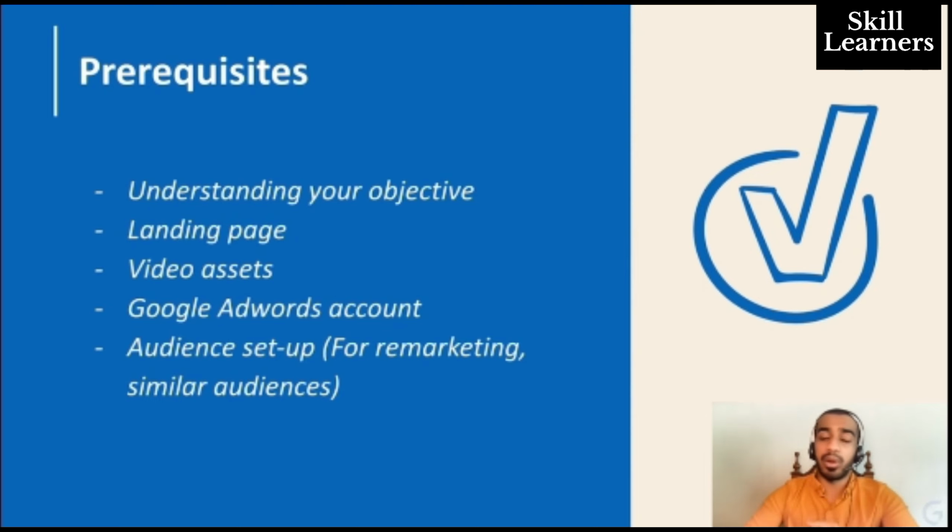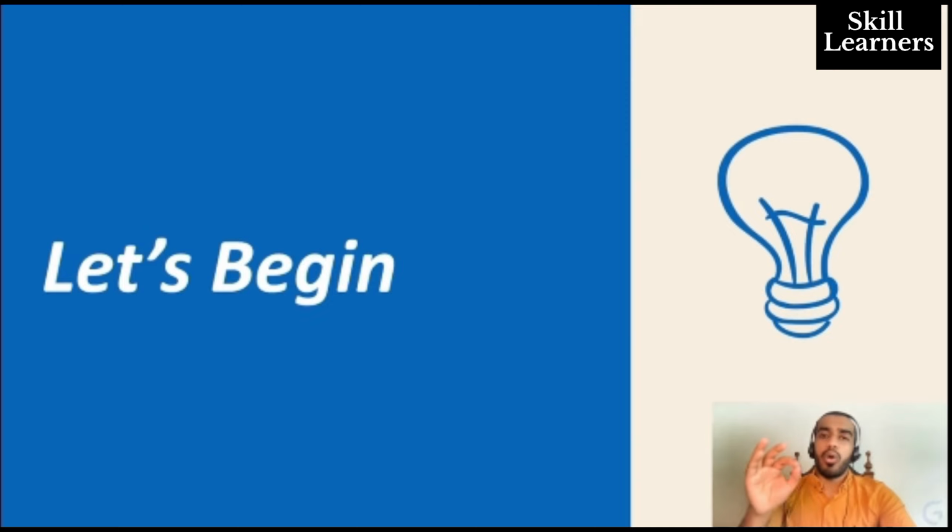Or if you're looking at similar audiences, then also you have to set up your audience list. But otherwise, this is not mandatory. I've just added it in case you want to target similar or remarketing users. So that sums up a gist of how to launch your Google video campaigns. I hope you're ready to get started and launch your first Google video ad campaign.